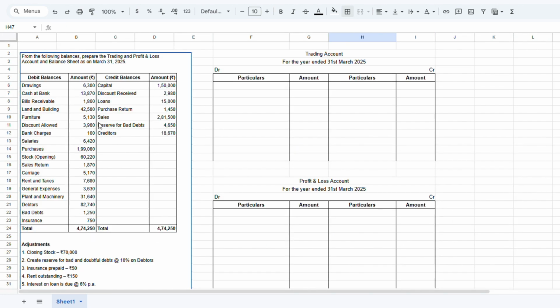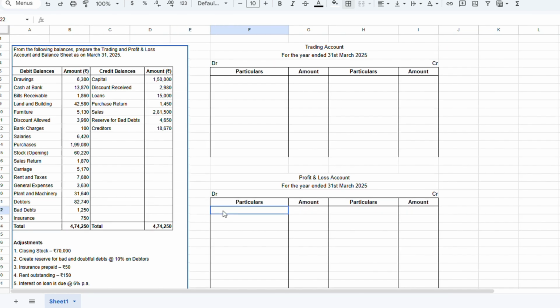Discount allowed, it is an expense. The customer has to pay more money, but the business has allowed the discount, so it is an expense for the business. Discount allowed is an expense, so it is P&L debit side. The discount allowed is 3,960. Next, bank charges, 100. Bank charges is an expense. So P&L account, bank charges 100.